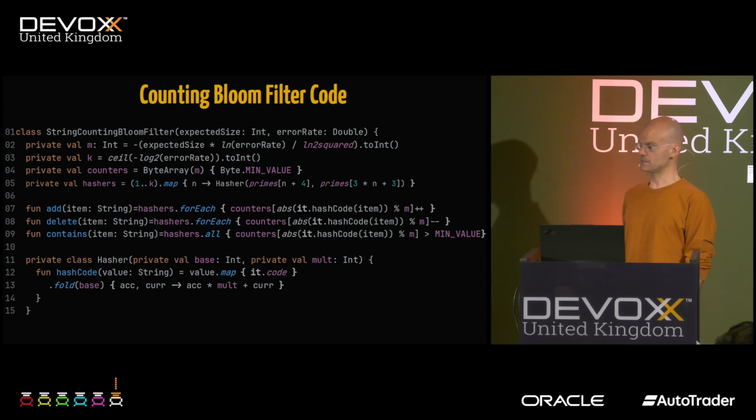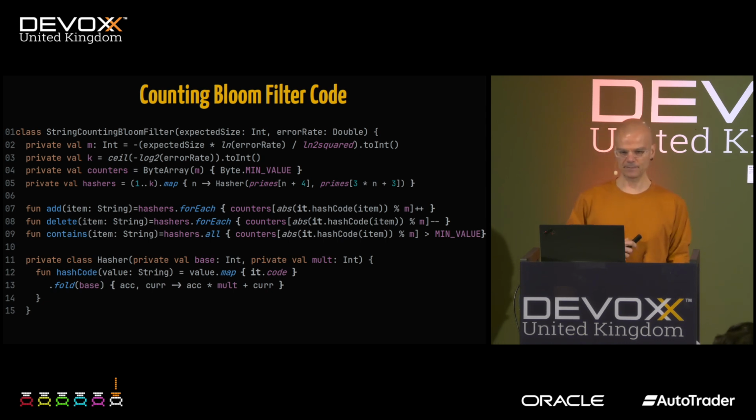There's a short implementation of the counting Bloom filter, and the only difference is that instead of setting a bit, we increase the value, and there's also a delete function. Oh no, there's also another thing.